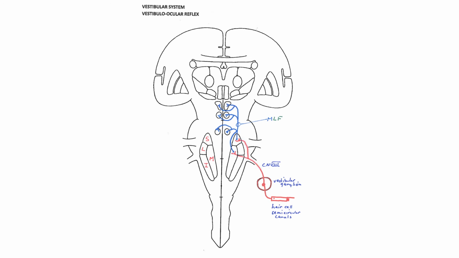Coming out of these two nuclei, we are going to see nerve fibers that come together to form the medial longitudinal fasciculus.